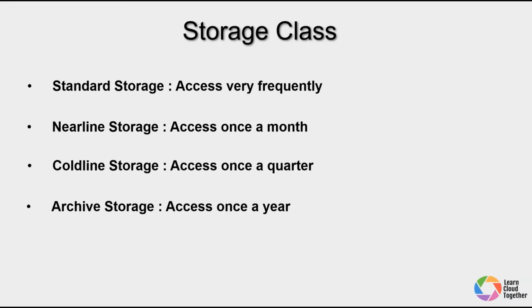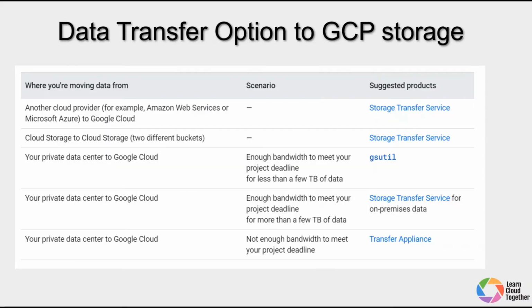From the name, it's mainly used for regulatory archival, because that is very rarely used. Those archives can be stored in Archive storage, accessed once a year, and it's the lowest cost storage class available in the GCP.